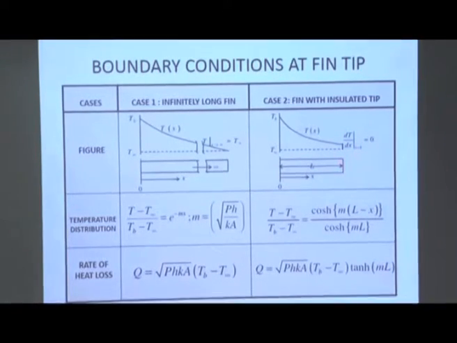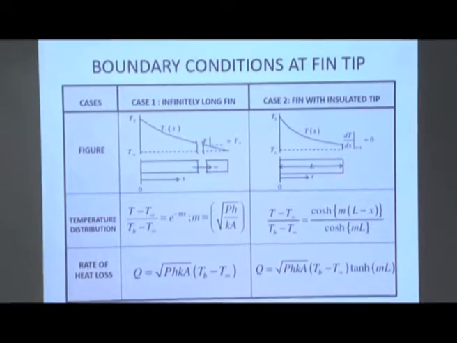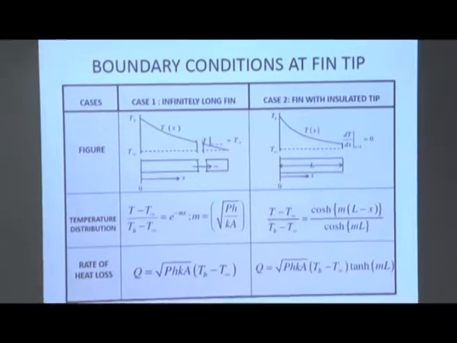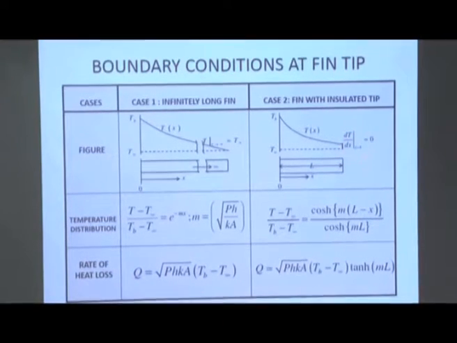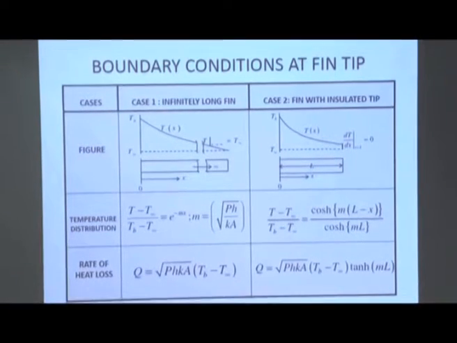That means the fin tip is insulated, no heat is being transferred from this exposed surface. That means all the heat which is being extracted from the base is being convected from the lateral surfaces, so that here the heat transfer is 0. That is the physical concept. The boundary condition is imposed in terms of the temperature gradient. Whenever there is an insulated or adiabatic surface, the heat transfer boundary condition in conduction is dT/dx equals 0, because heat transfer is 0.